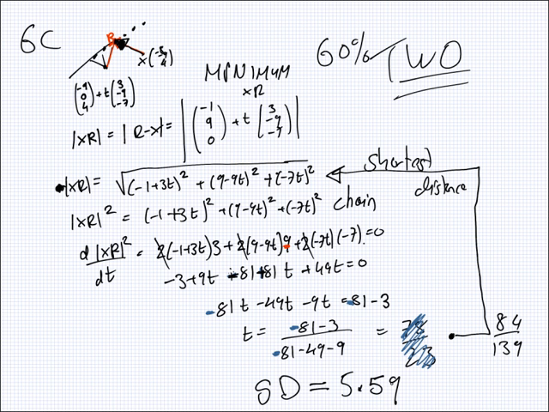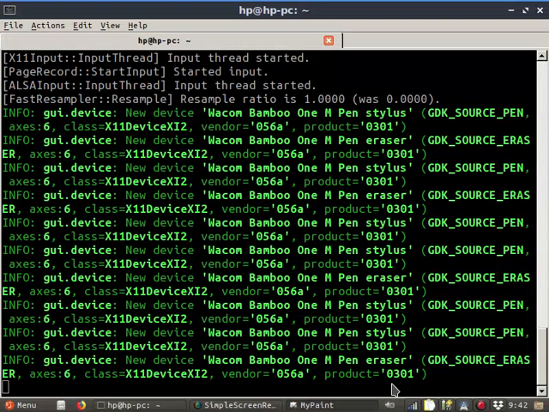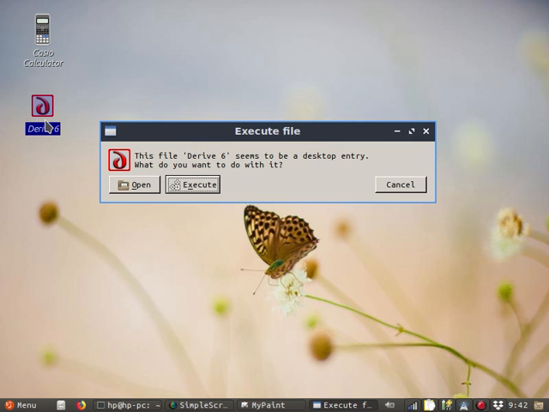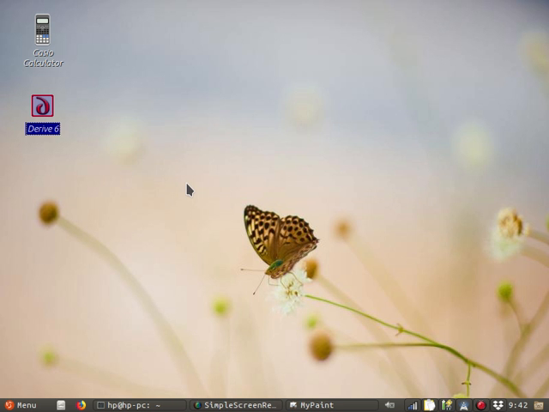5.59 is the shortest distance. Maybe that's wrong. Maybe my answer here is wrong. Let's check it. How to check? Computer.